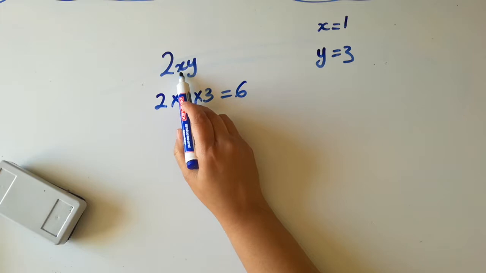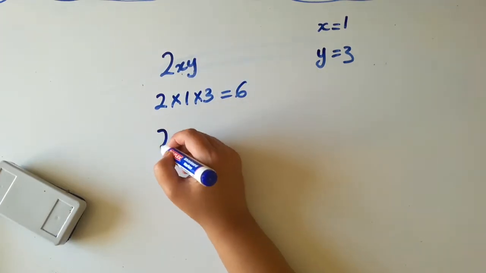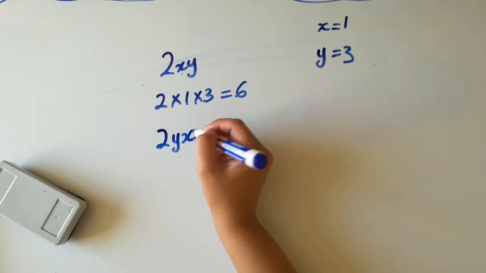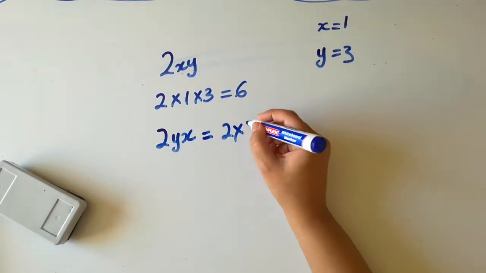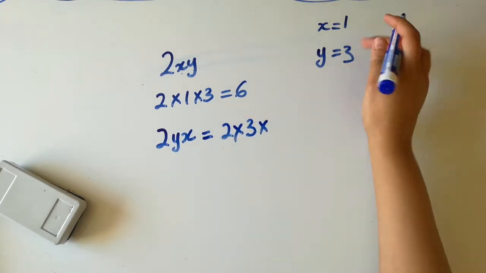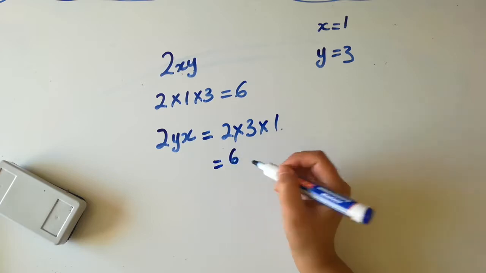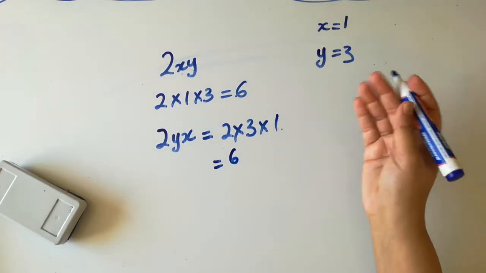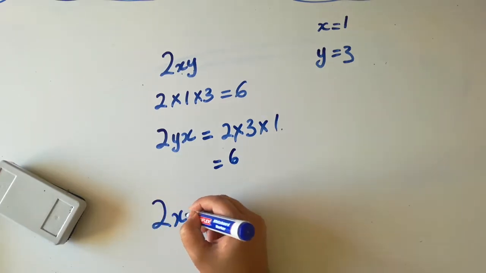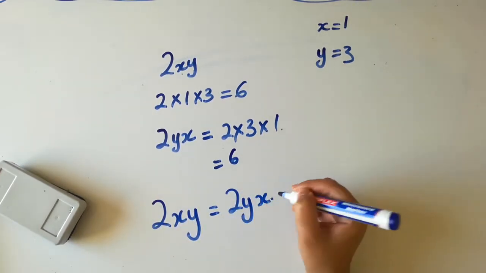Now let's swap this x and y and make it yx. So I say 2yx. And that will give me 2 times y is equal to 3 and x is equal to 1. 2 times 3 times 1, which will give me 6. So we've just shown that 2xy is actually equal to 2yx.